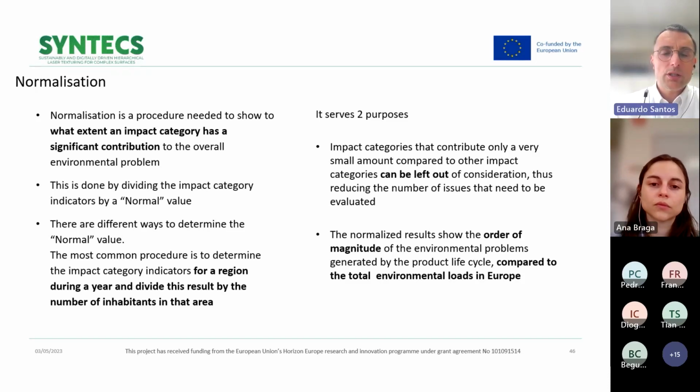So what we are doing is dividing the environmental impact in each of the environmental impact categories by the normalization reference result in that category. One reference unit that is very much used is the average environmental impact in each category that a European citizen has or generates during 1 year in the region of Europe.